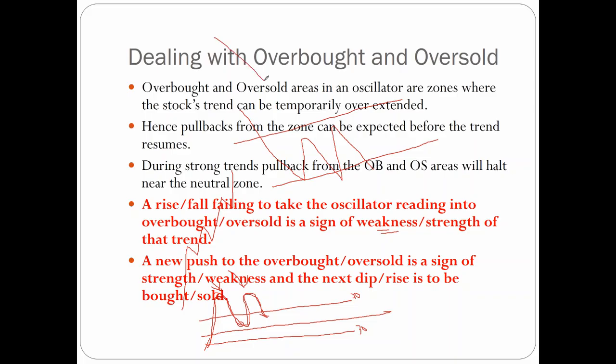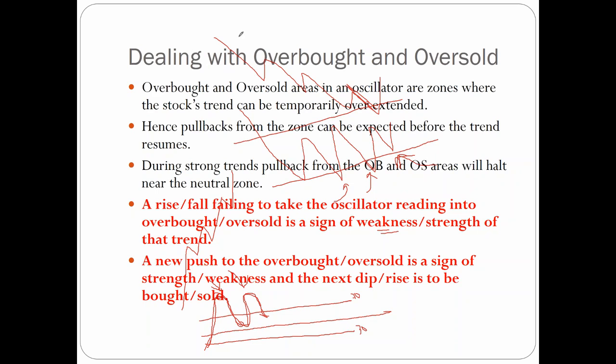That means with every fall, the indicator goes into oversold territory. That means the predominant downtrend is very strong. Now suddenly this time it does not fall into oversold territory. That means this fall is not so strong and it has not taken the oscillator to an oversold territory.